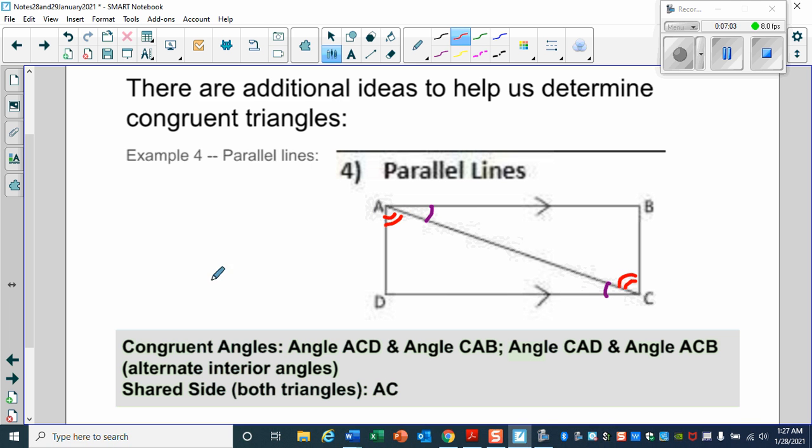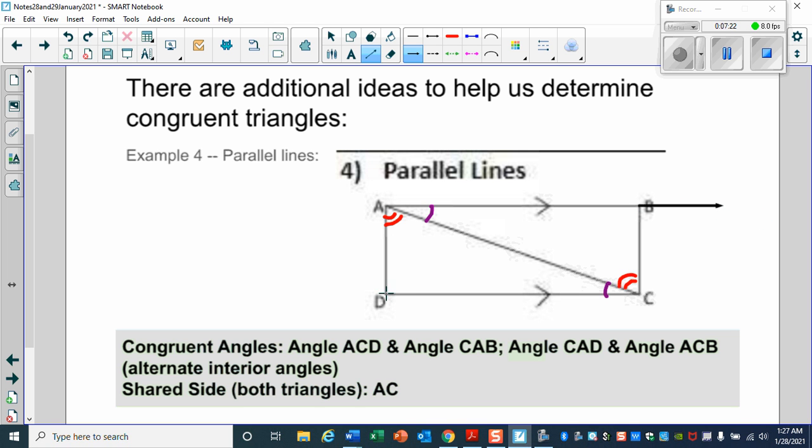These are alternate interior angles because remember that these lines right here are going to go forever and ever. They still go on forever and ever.